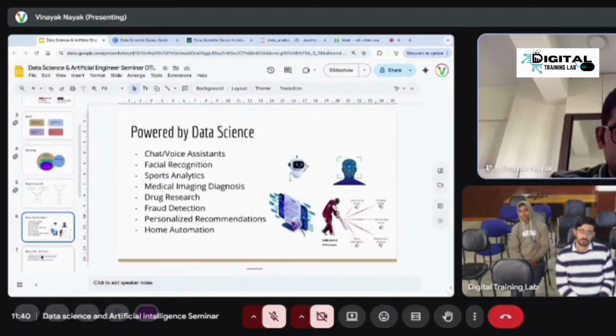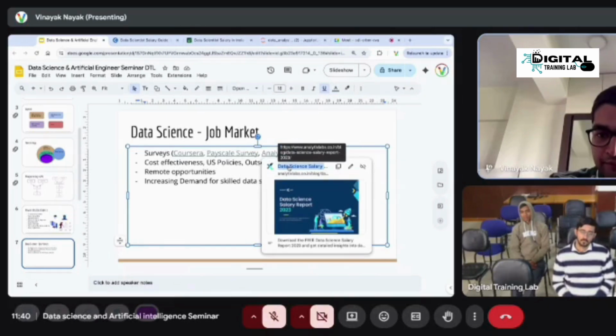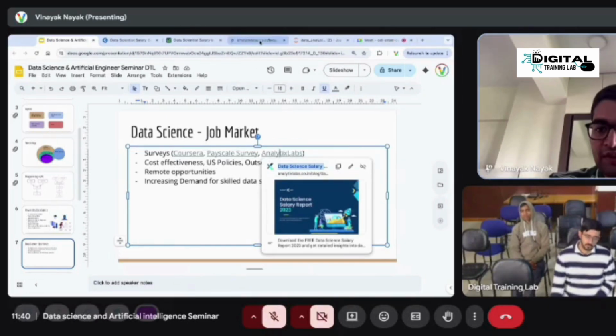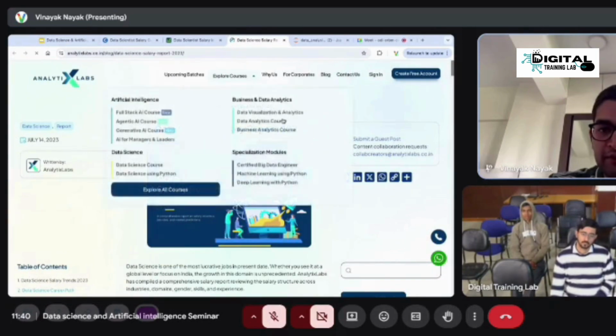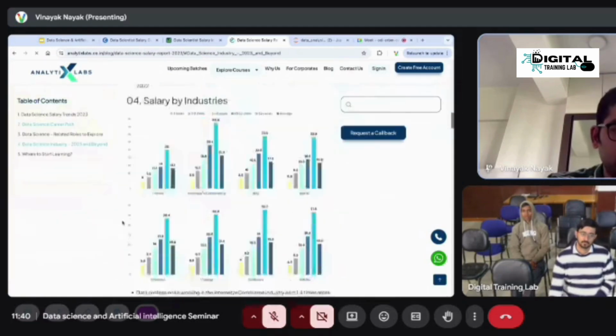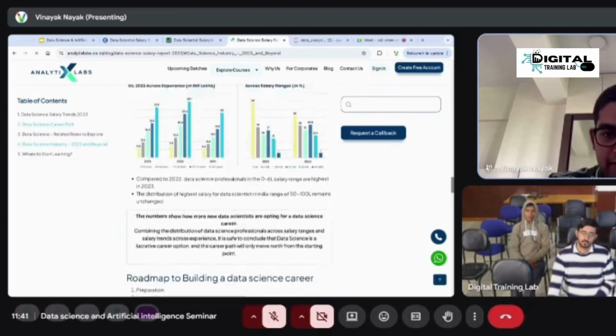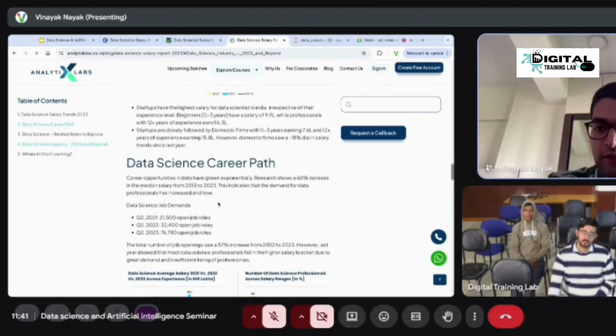So let me also open up this. Yeah. Now this is a little old. It is from 2023, but I would still want to show this to you because the numbers still look good and very close to what the real market is. So it was observed that this was the trend in 2021.